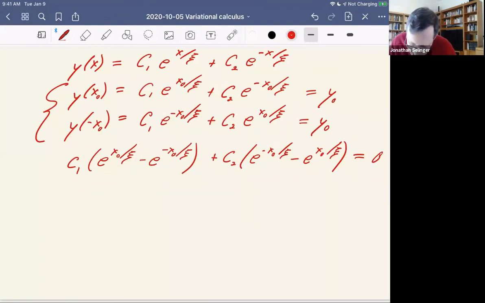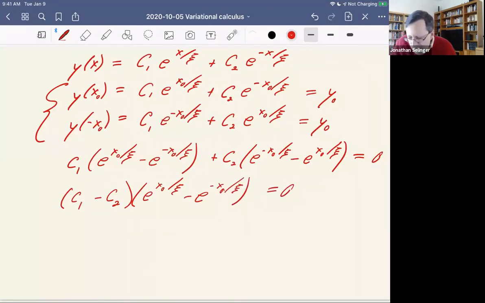So C1 minus C2, times e to the x0 over ξ minus e to the minus x0 over ξ, equals 0.